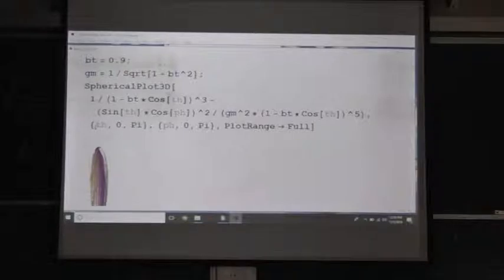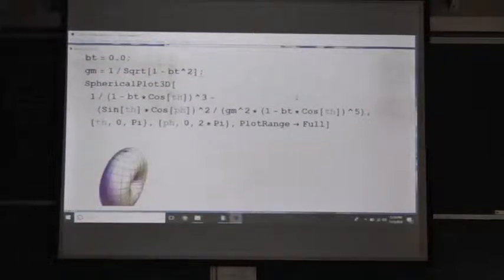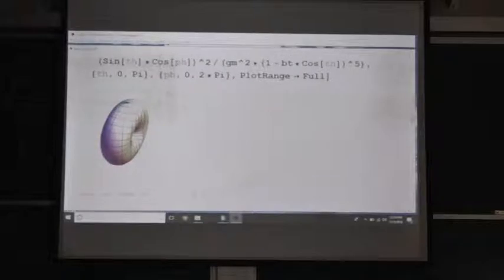And I'm plotting theta from 0 to pi and phi from 0 to, let me make it 2 pi initially. So let's begin with beta roughly 0. You can actually work from 0 here as well. So let's see. It's this. Can you see it?